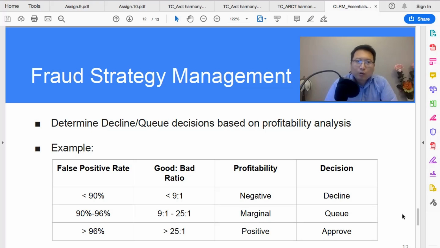When the fraud rate is too high, meaning the false positive rate is low enough, you would not earn any money from this population as a whole, because there are just too many bad accounts.